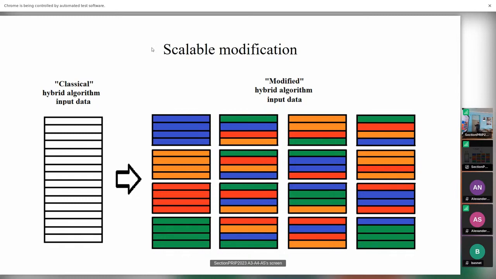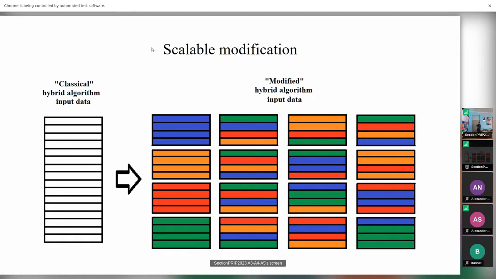First of all, we make several copies of the input data, and then we shuffle the elements of data in each copy except the first one. The amount of copies is a parameter of the algorithm as usual. And then we split it into equal-sized groups.